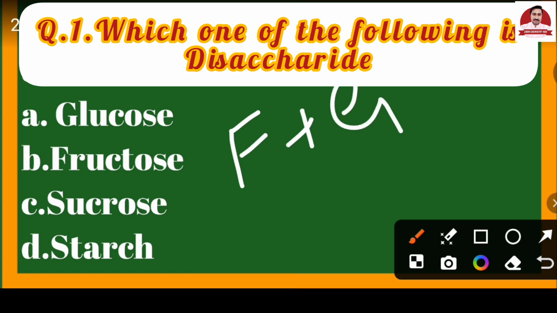So option C is correct because sucrose is a disaccharide which is made up of fructose and glucose.